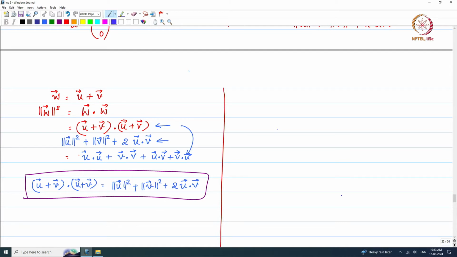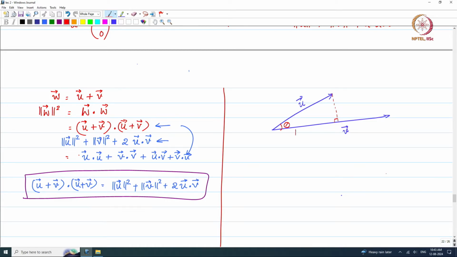Let us say I have this vector which is u, and this vector which is v. Now we have this perpendicular here, and this is going to be the angle theta.